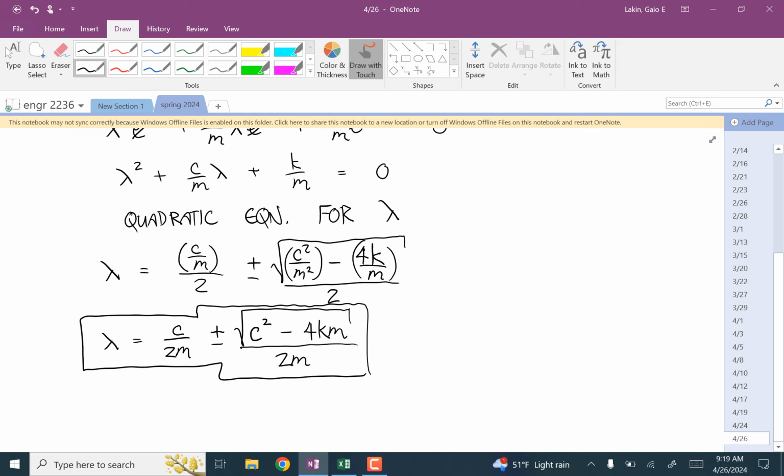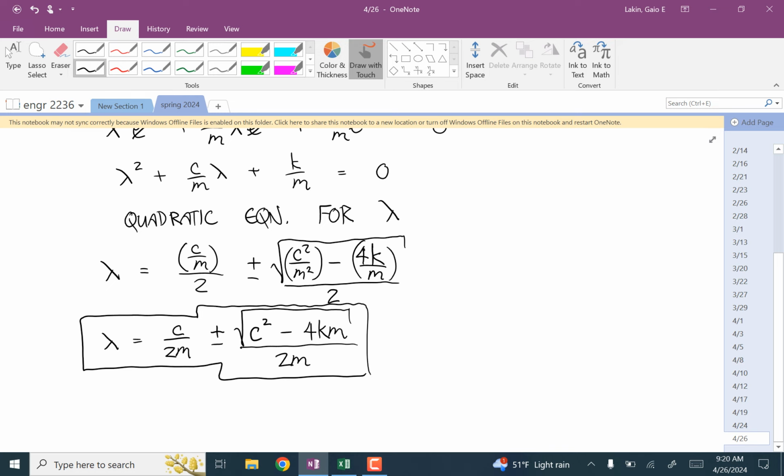If c squared is equal to 4km, then we have repeated roots, real roots, still no imaginary stuff. And we have to format the general solution a little bit differently. We'll get to that, but it's pretty straightforward.